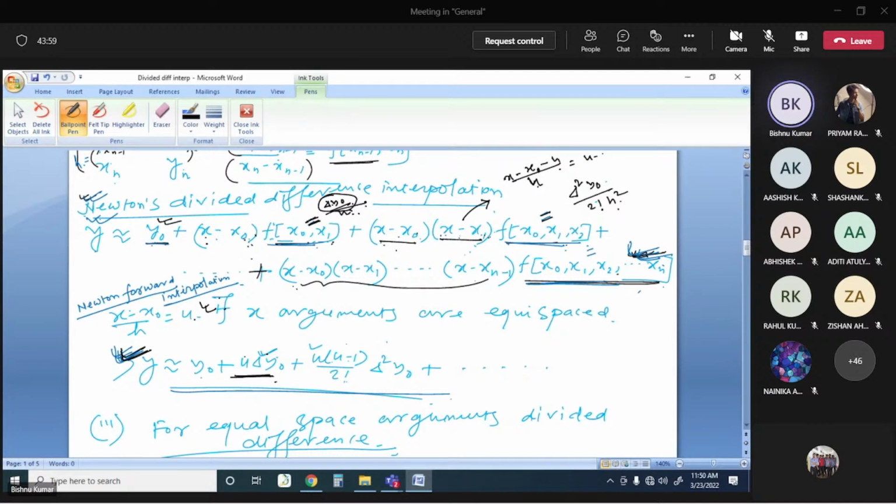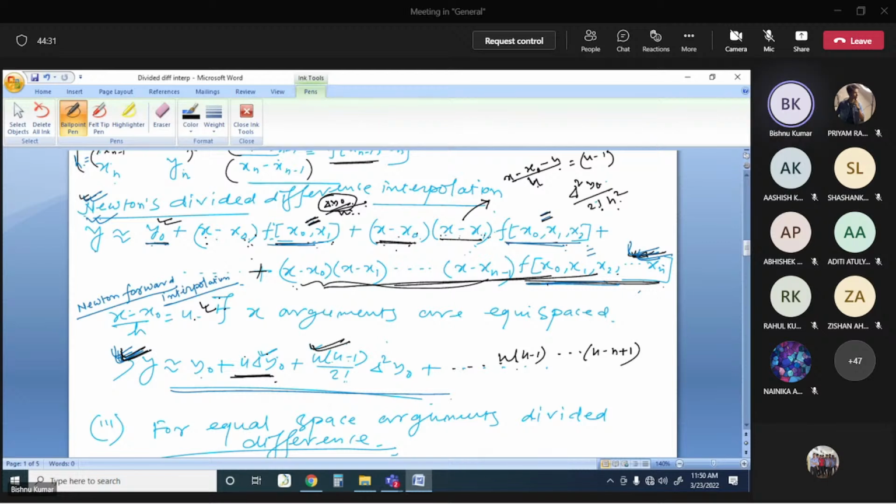So the term is u into u minus 1 del square y0 by factorial 2, and that is the second term. In that way you may write the last term, u into u minus 1 up to u minus n plus 1 by factorial n del n y0, and that is nothing but Newton forward interpolation for equal space arguments.